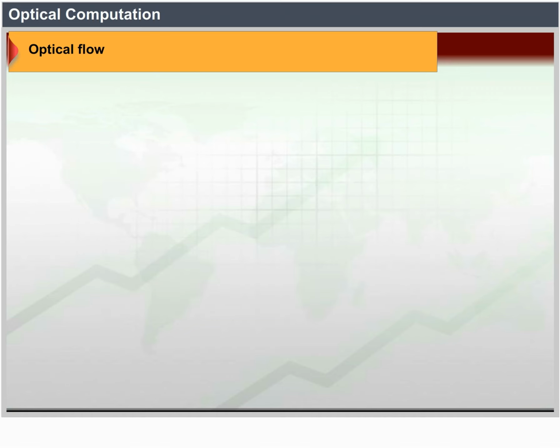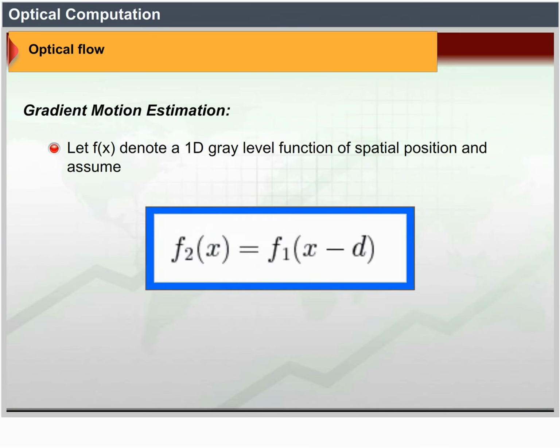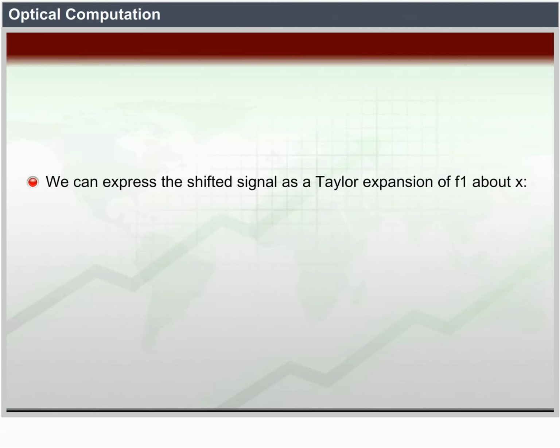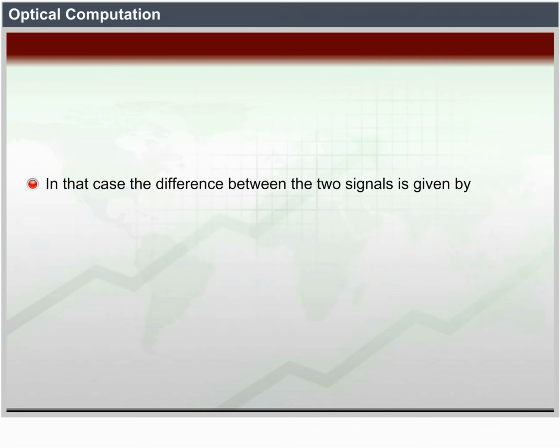Gradient motion estimation. Let f of x denote a 1D gray level function of spatial position and make the following assumption. f of x is translated by d between times t1 and t2. We can express the shifted signal as a Taylor expansion of f1 about x as shown, in which case the difference between the two signals is given by the equation.